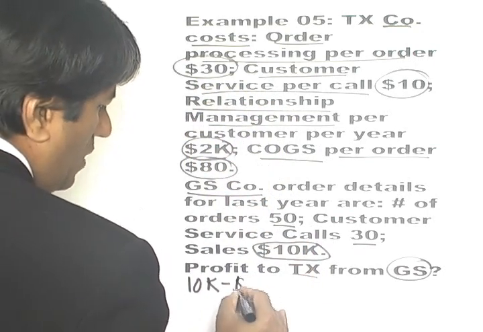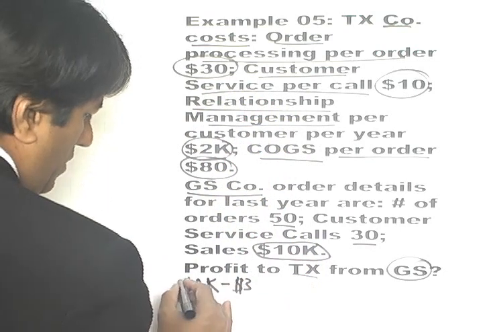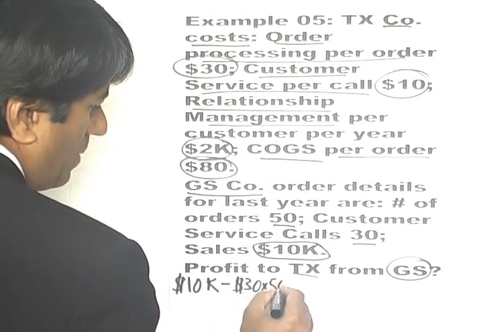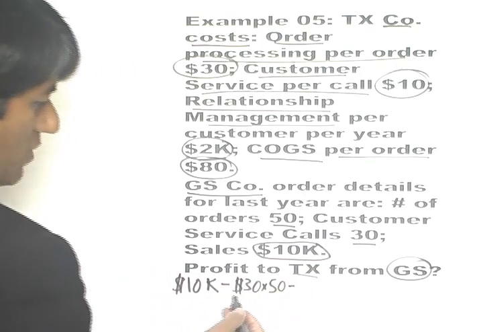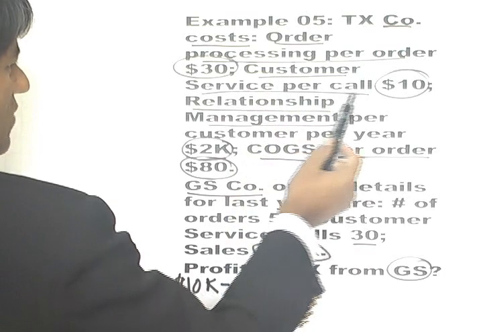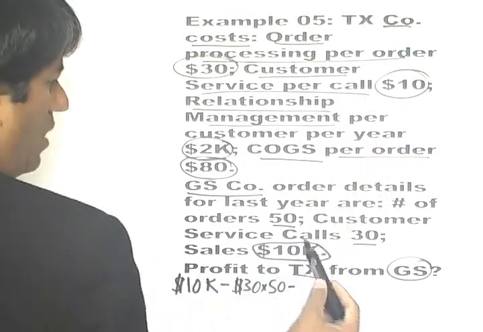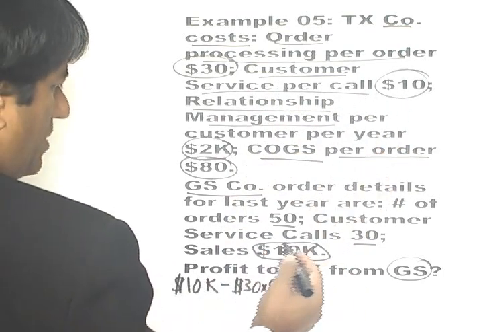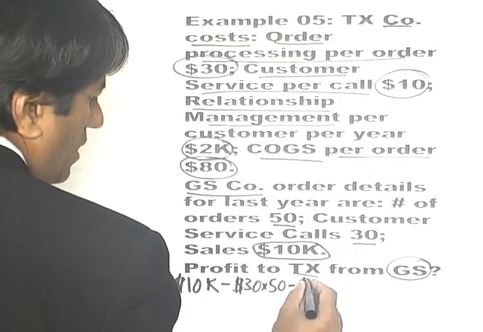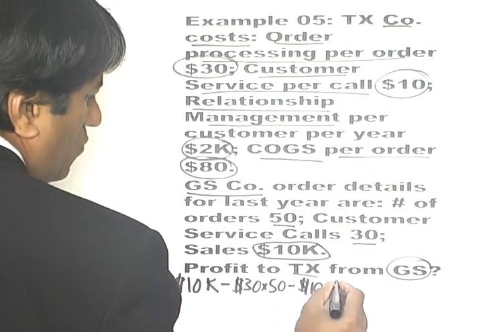So it'll be $30 into 50. So that's the first cost. What's the second cost that you need to subtract? Well, customer service calls are $10 per call. And this customer has made 30 calls. So it'll be $10 into 30.